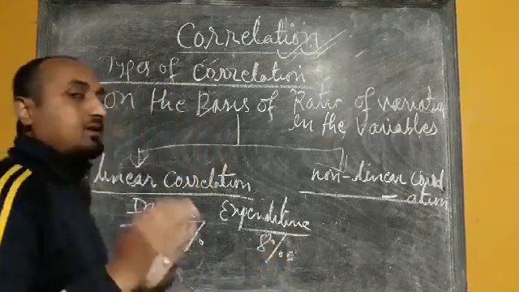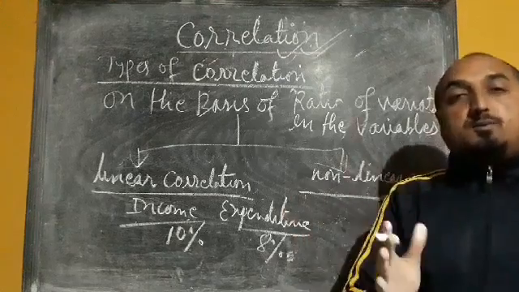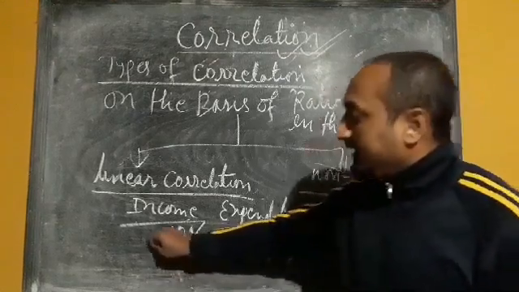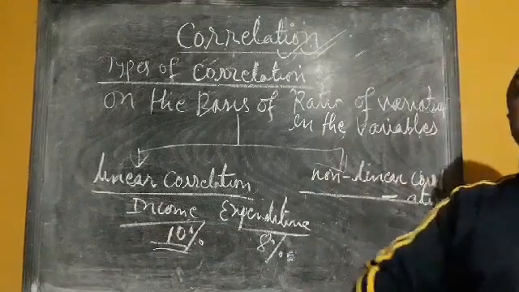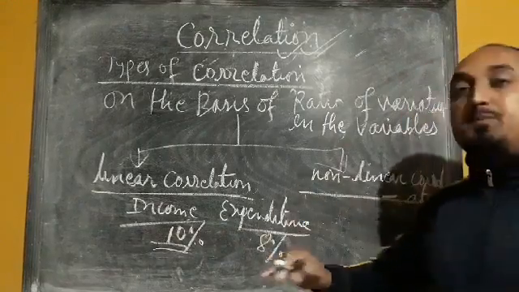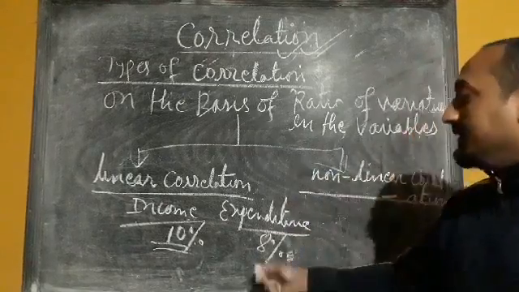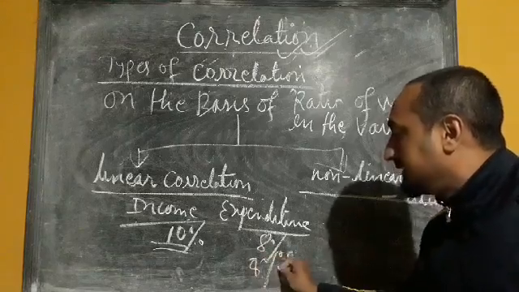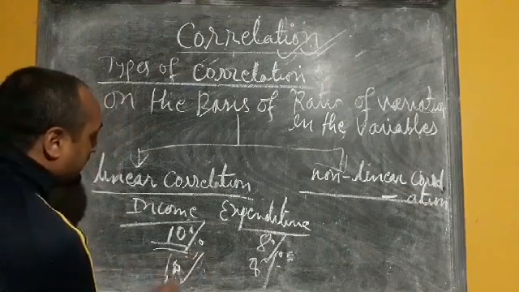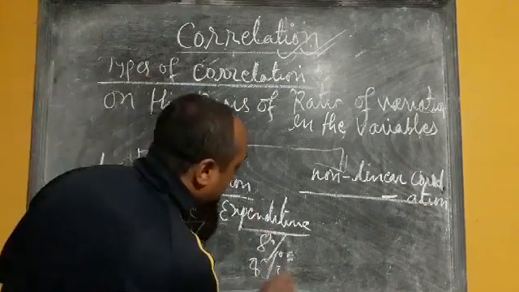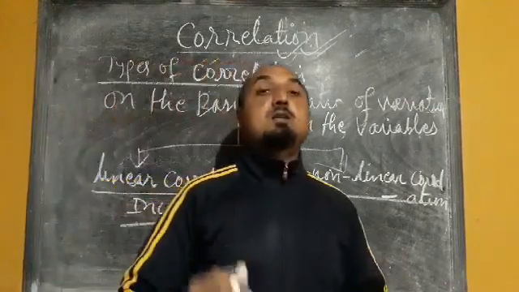Once again, listen: if your income is changing by 10% and due to that change your expenditure is changing by 8% every time, not only one time but every time, and next time also it is changing by 8% when your income is changing by 10%, then that type of relationship is called linear relationship.